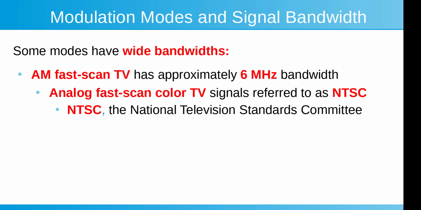It used to be referred to as NTSC, which stood for the National Television Standards Committee. That was your TV signal that you got with your antenna over the air.